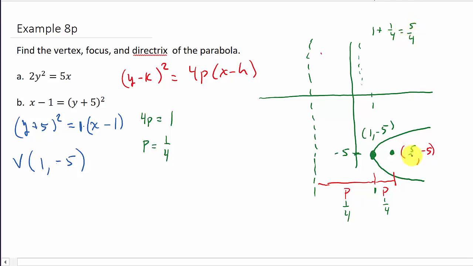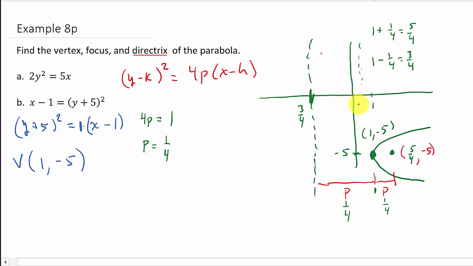That's the x coordinate. Then to get from the vertex back to the directrix, I need to subtract 1/4 from 1. So 1 minus 1/4 gives me 3/4. So this has an x value of 3/4, and I know that should be over here.